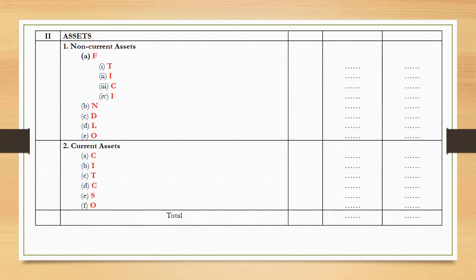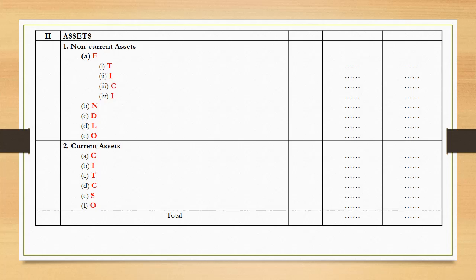In the same way, we have something for assets also. On the asset side, we can see that basically it is classified into 2 categories. The 2 major heads are there: non-current assets and current assets. In non-current assets, we can see the subheads over there. It is FTICI, NDLO.